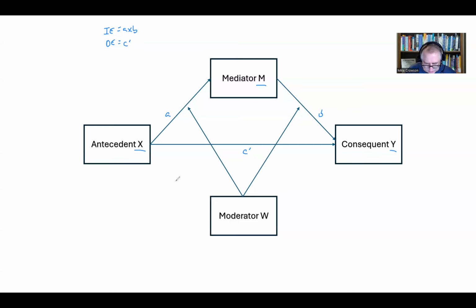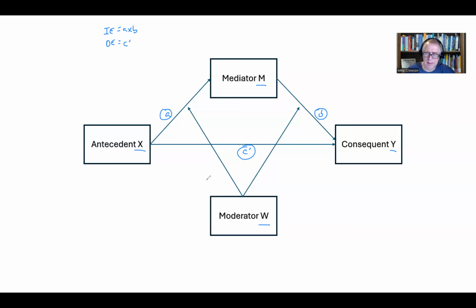Now, in this model, you can see that we have a moderating variable W, and we have arrows pointing from the moderator to paths A and B. In the standard mediation triangle without the moderator, our expectation would be that there's only one estimate for path A and path B, and obviously for path C prime, but we're not focusing on that in this discussion.